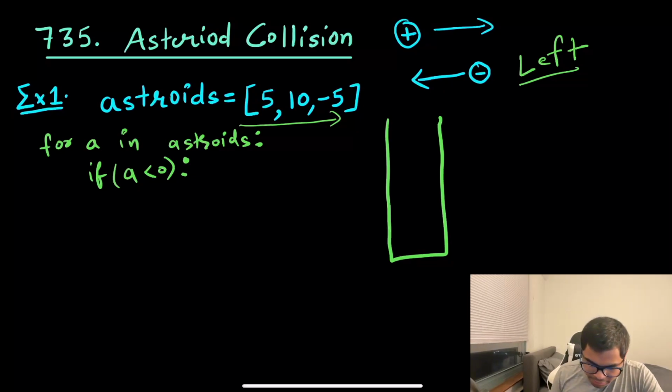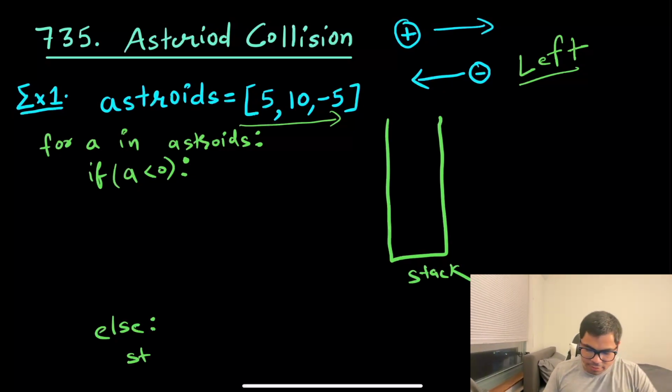But let's say these are the conditions that we will have. Else would be right here. Else would be you just append to your stack. So this is my stack. If something is going in positive direction, then I will push to my stack. That's what I'm going with.